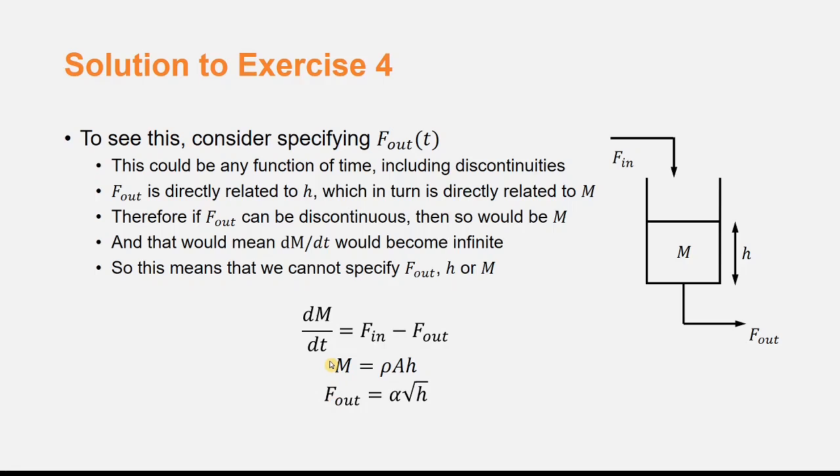But this cannot happen because if it were true, then the derivative dm over dt would become infinite. That means none of F out, h, and m can be specified arbitrarily.